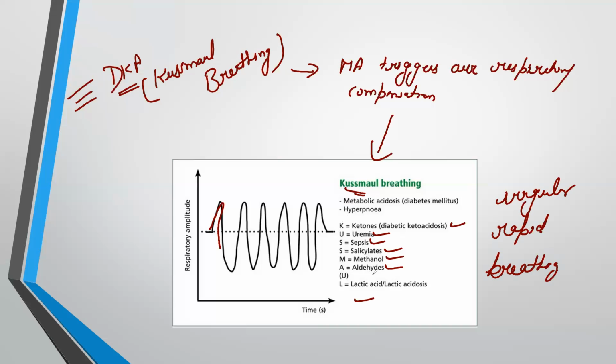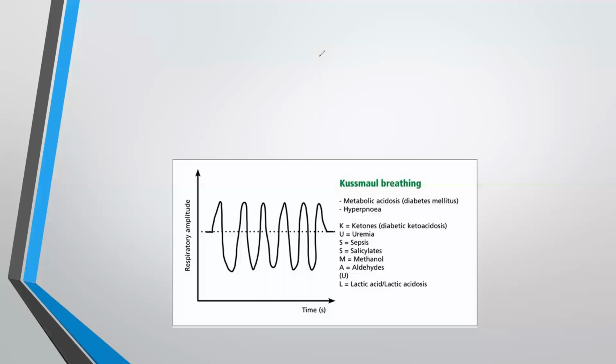These are some important conditions in which Kussmaul breathing is seen. So the main feature of diabetic ketoacidosis is Kussmaul breathing, because the metabolic acidosis triggers our respiratory compensation. Our lungs are able to compensate to maintain the condition, so an irregular and rapid breathing pattern is seen in the client.